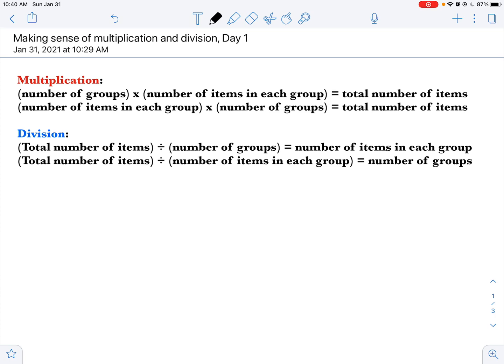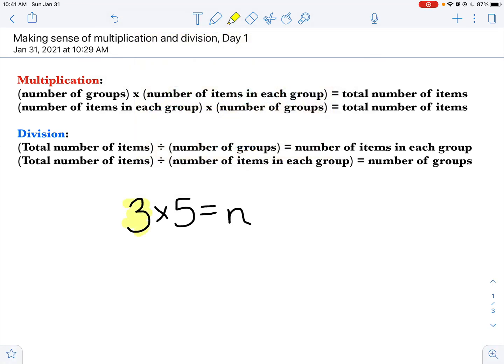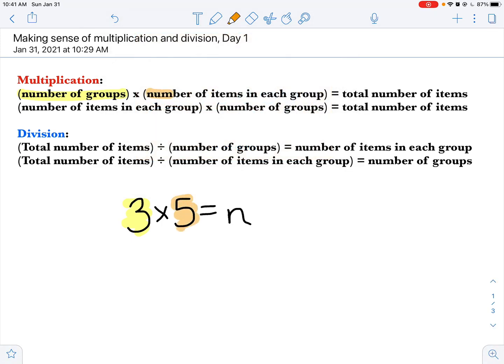So I want to take a step back and make sure we understand what it means to multiply. If I have something like 3 times 5 equals n, remember we're using letters now, a number, that simply means that I either have 3 groups times 5 things in each group to get my total number of items I have all together.